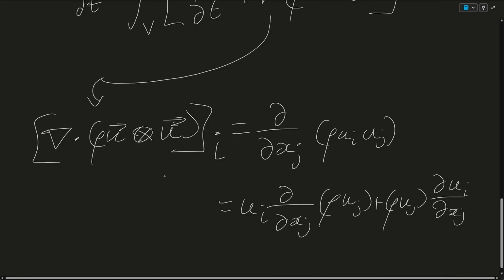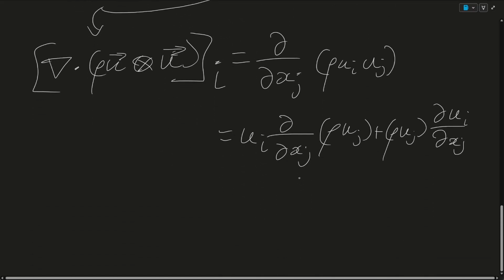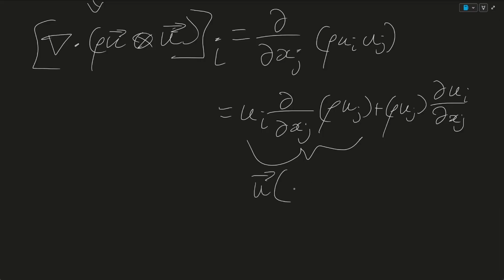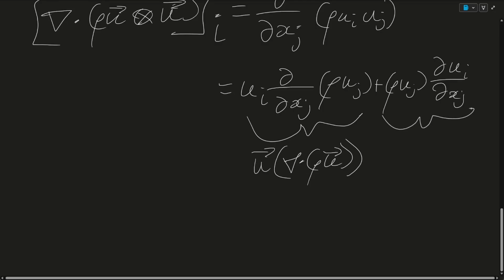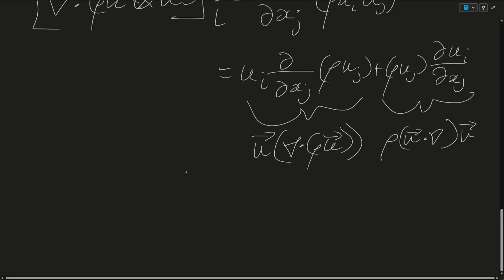And now again we want to look at what this means for our vector notation. So the first section can be notated as u times the divergence of rho u, and the second part can be notated as the density rho times u dot nabla u. There.